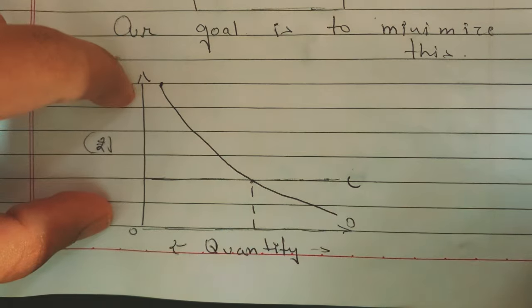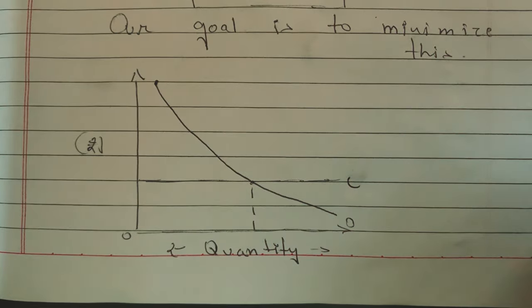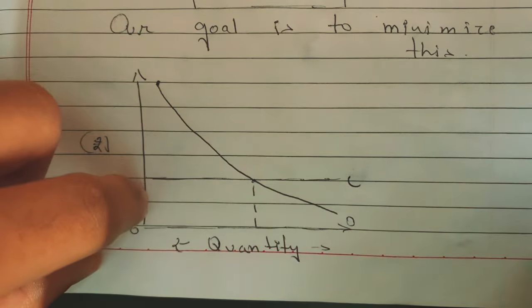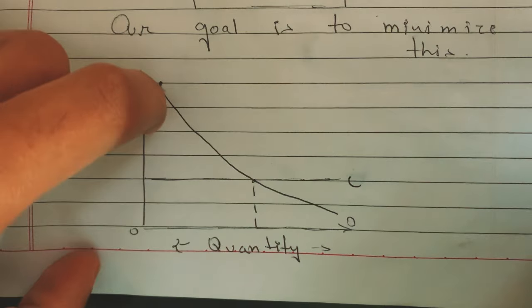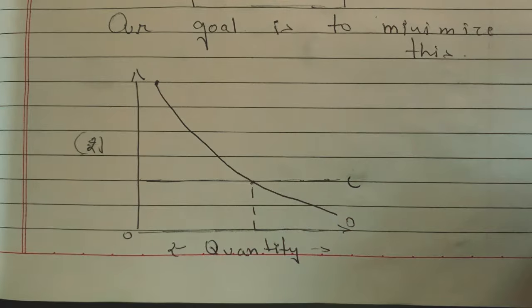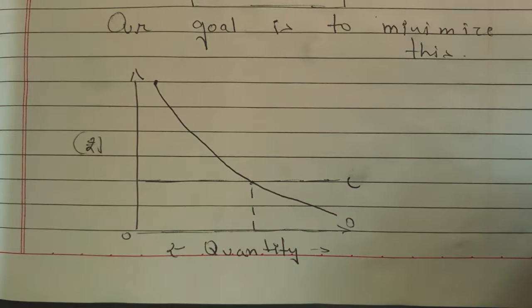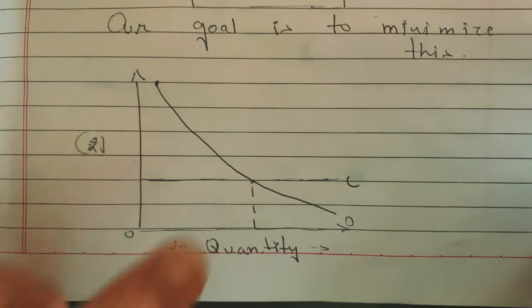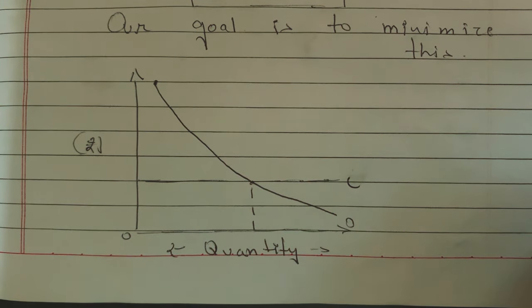At this point, the ordering cost is way higher than the carrying cost, but it decreases as we order more and more. And at the point at which these meet, that is the amount that we require. Because at this point, the per head cost that we will be incurring would be at its lowest.